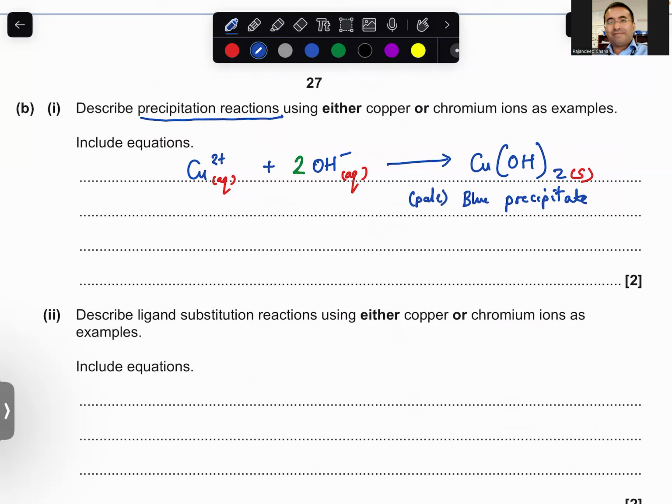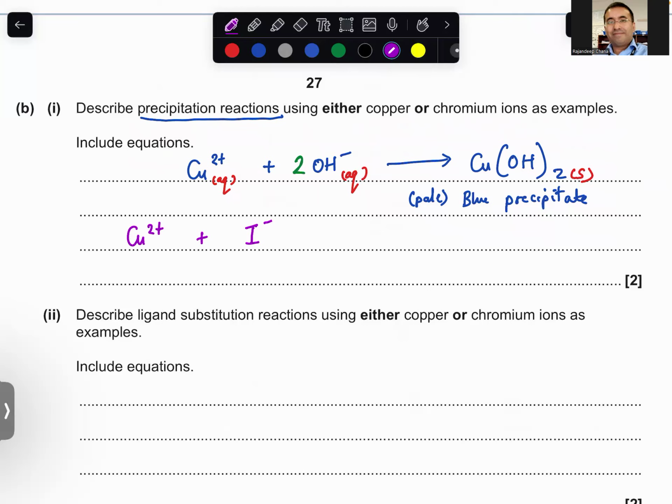Now, there are some other examples here, and I'm using this opportunity to present them. Copper 2+ ions also react with iodide ions. This is an equation that you need to learn because it comes up in redox titration when you're reacting iodine with thiosulfate.